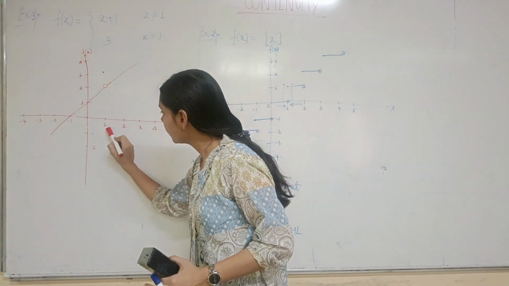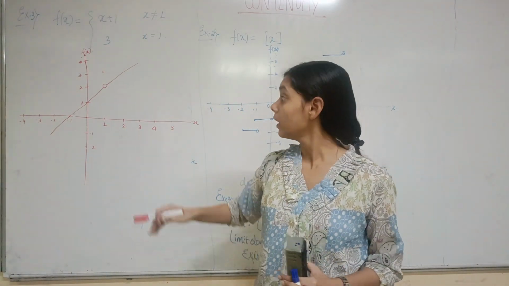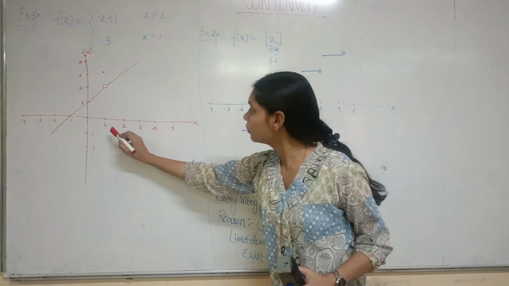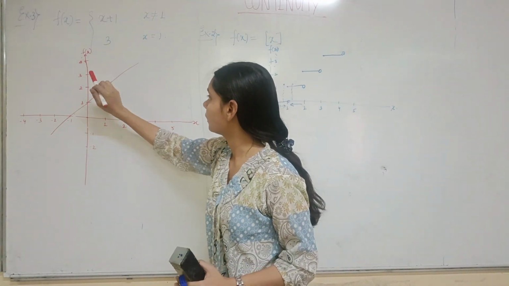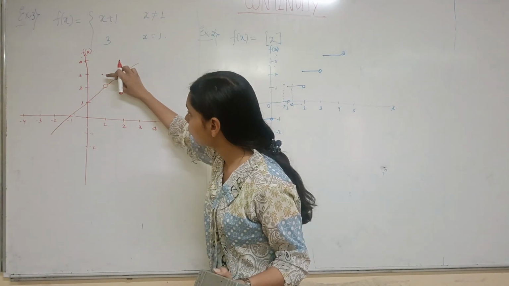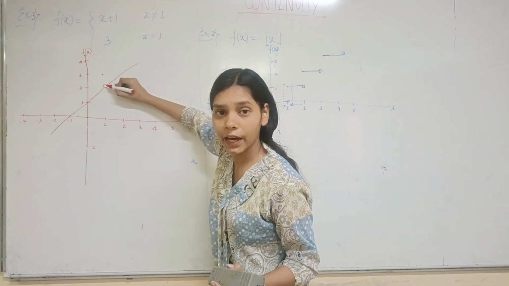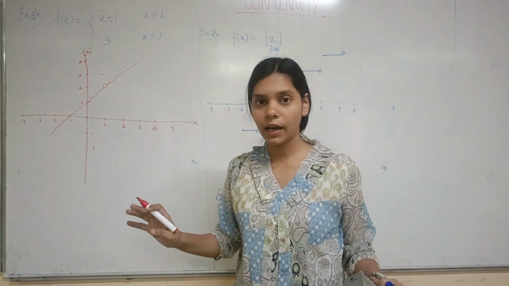By observing the given graph, the value of the function at point 1 is 3, right? If this point filled the gap, then we could say that the given function is continuous, right?